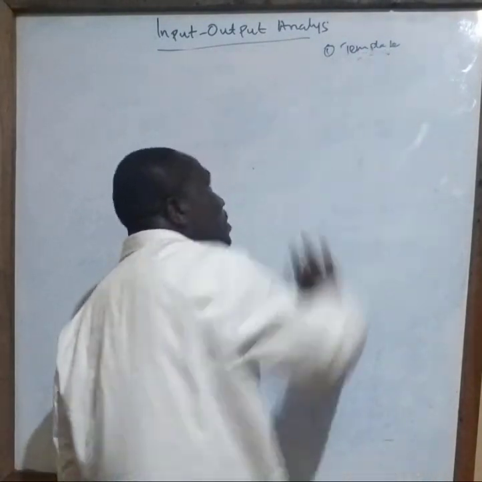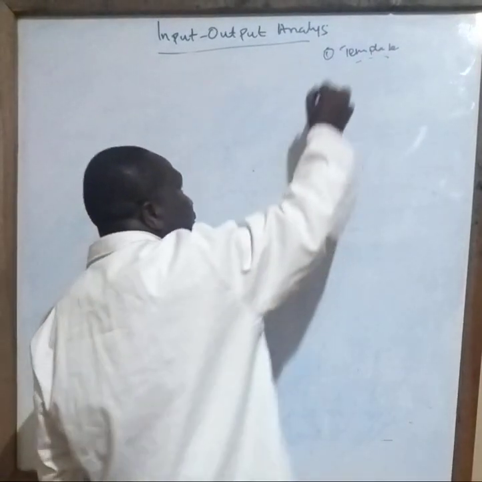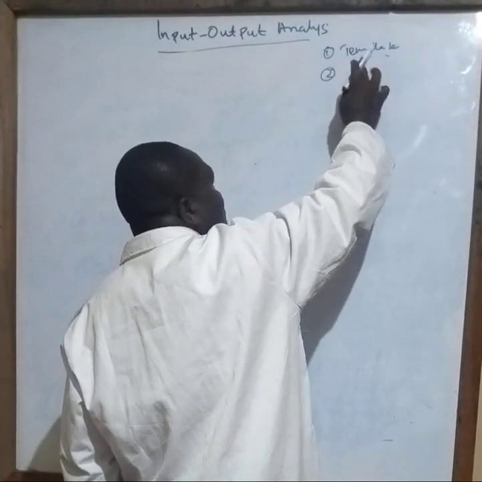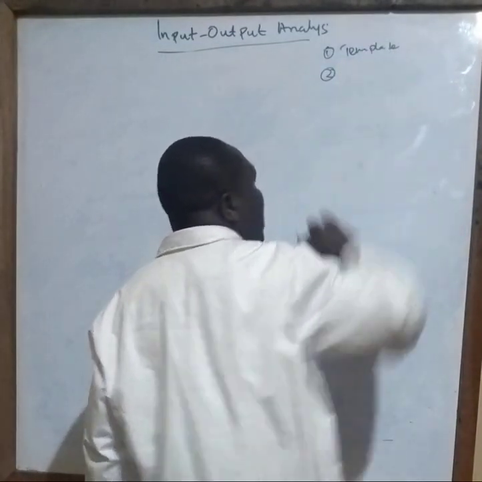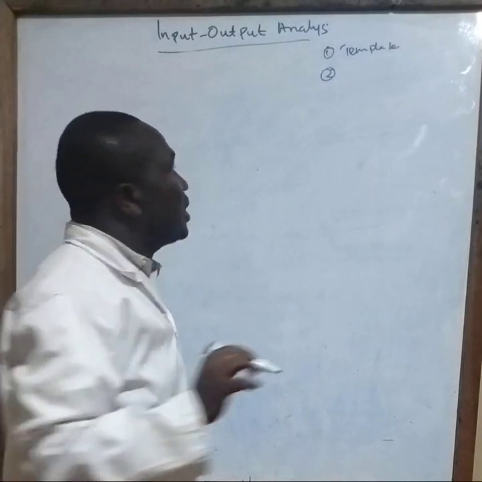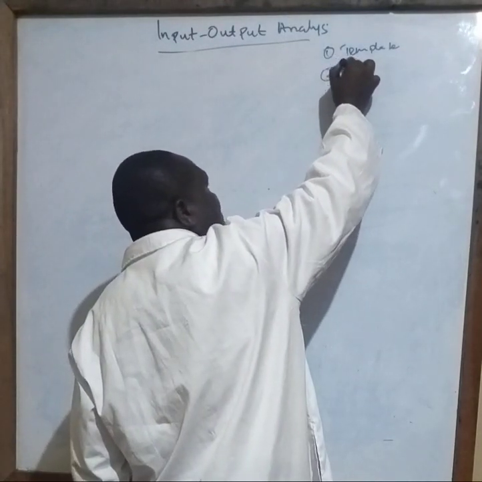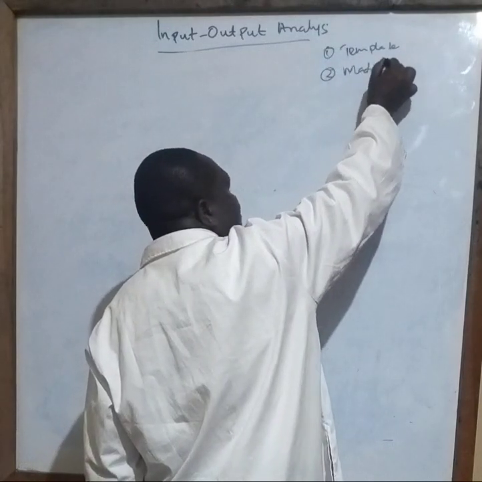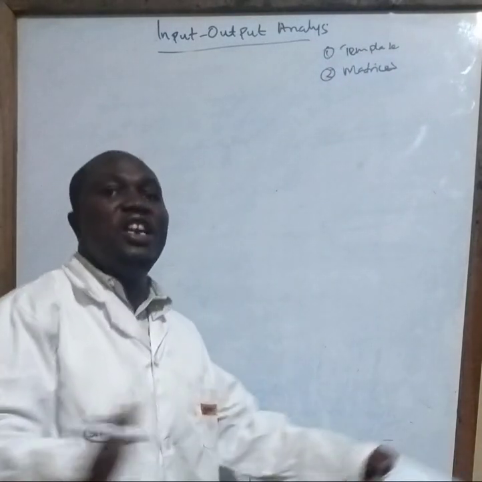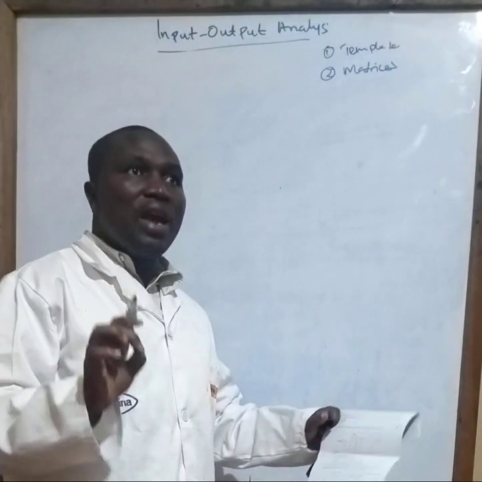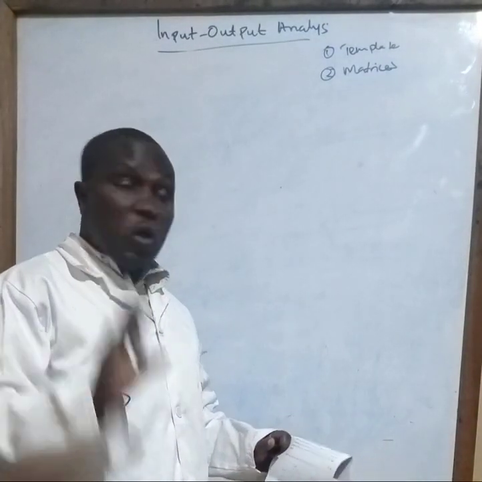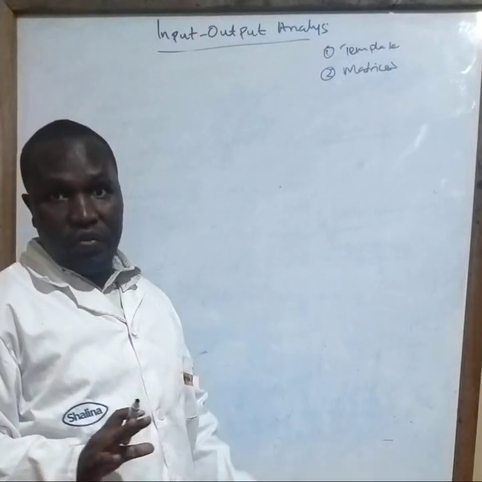Once you have determined the template, the second step is to calculate what we call the coefficient matrices. Matrices is now expansion, developing or coming up with the matrices from the template that you have developed.